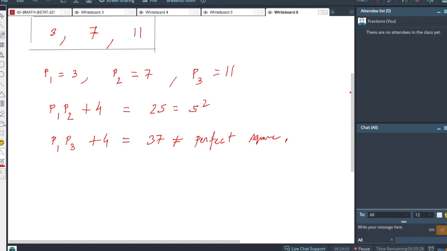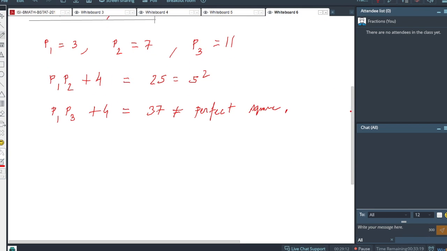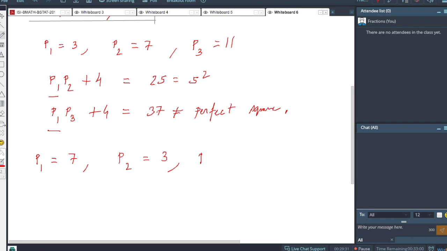But still we are left to look at some of the rearrangements of this solution. So let's rearrange. Instead of 3, we have 7 as P1, in both the equations. So if we put P1 to be 7 and P2 to be 3 and P3, the only one left, is 11.